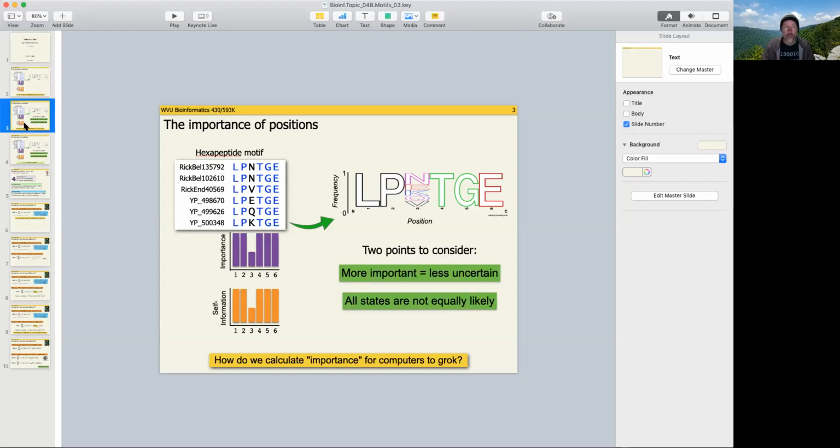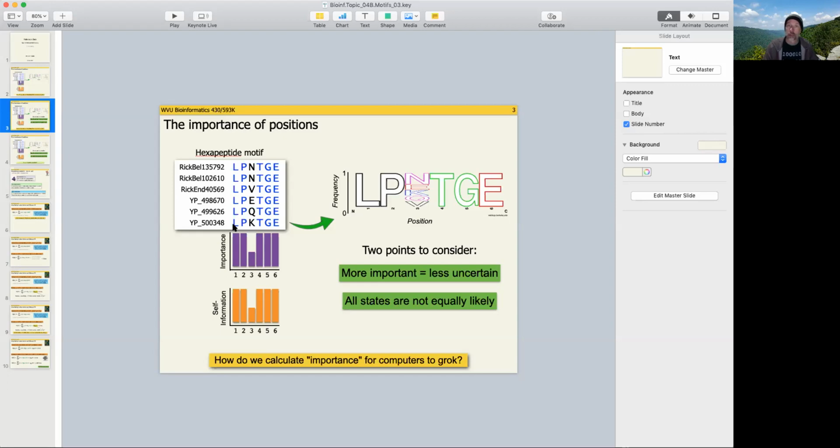So there are two points to consider here. The first point is that more important is another way of saying less uncertain, right? So at these positions, if someone were to ask you what residue you expect to find there, you would have pretty good certainty at saying a leucine.